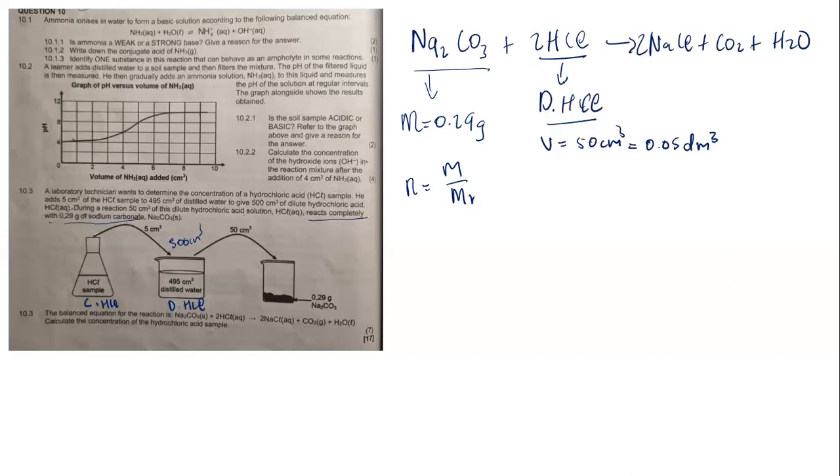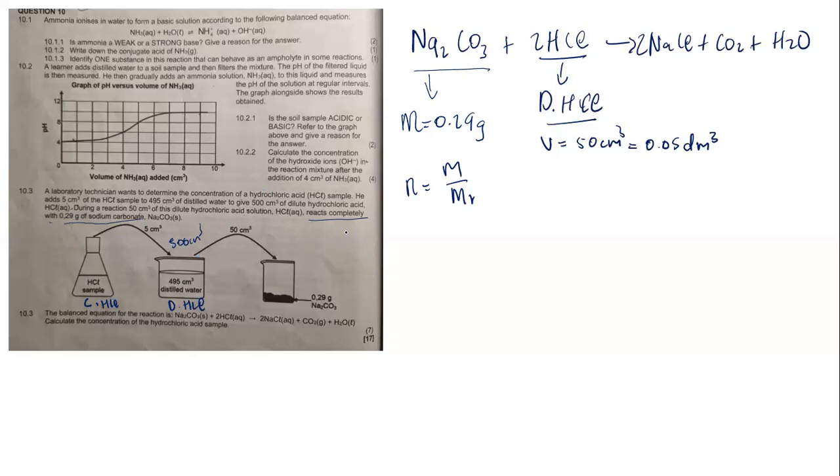Now, this number of moles of hydrochloric acid, remember again, this is what I want you to understand. I said the number of moles of hydrochloric acid in this diluted hydrochloric acid is the same as the number of moles of this diluted hydrochloric acid.